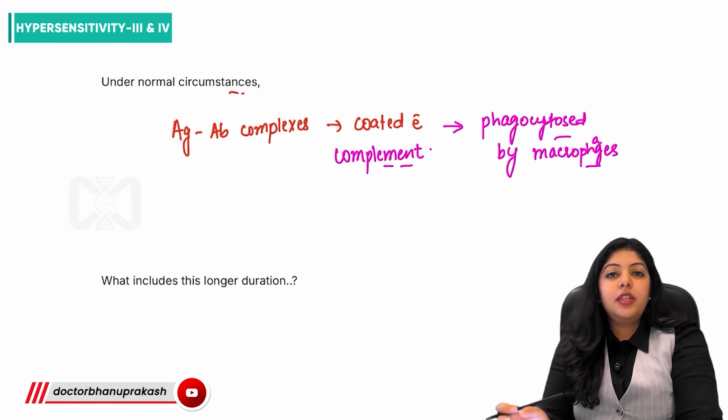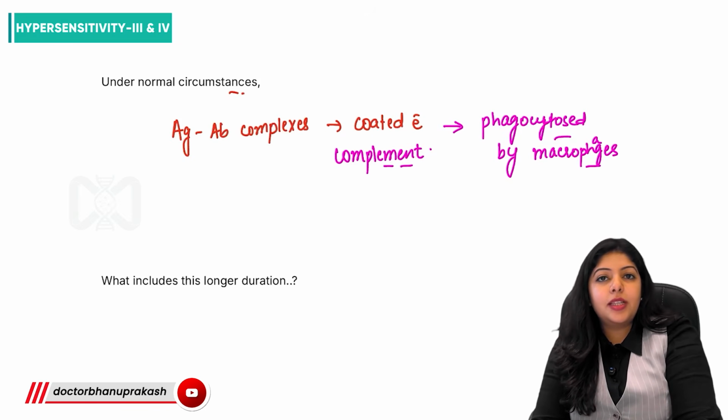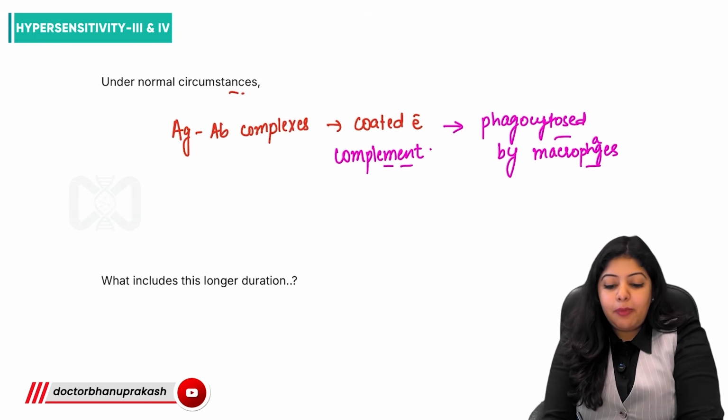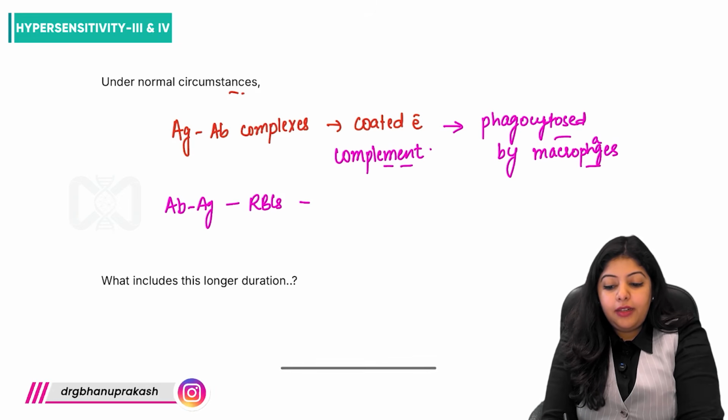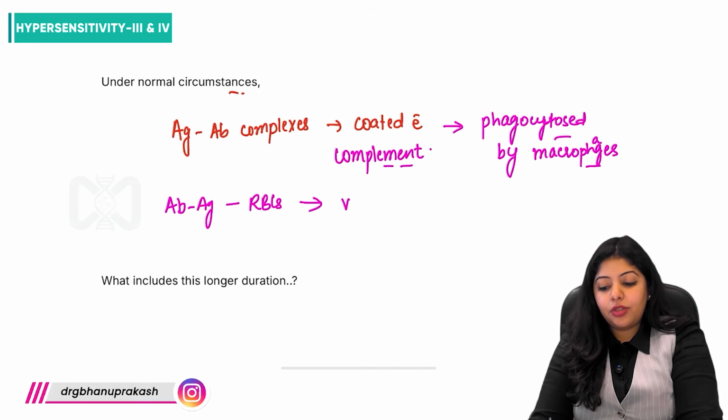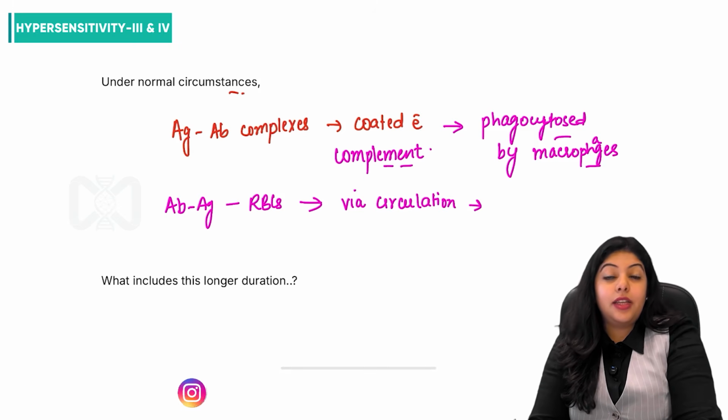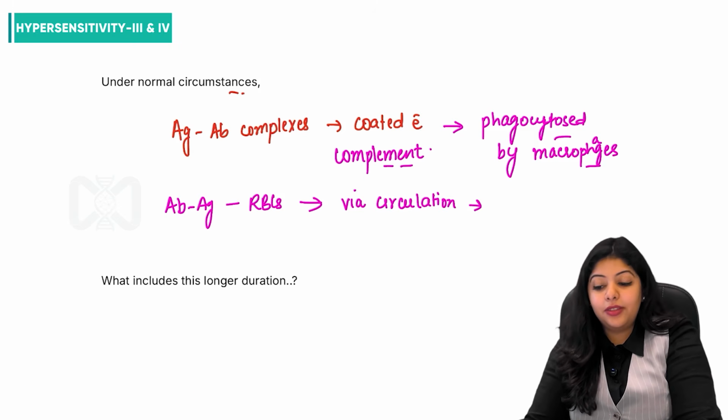Or when these antigen-antibody complexes are small enough, they might attach to RBCs, and via circulation, they are ultimately taken to the graveyards. And what are the graveyards? The spleen and the liver, right?